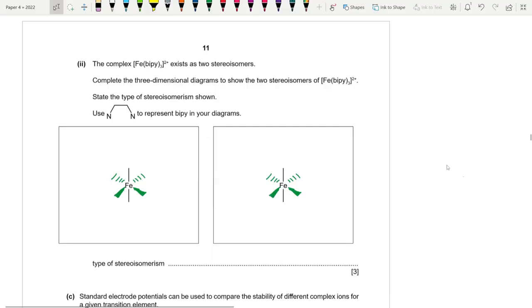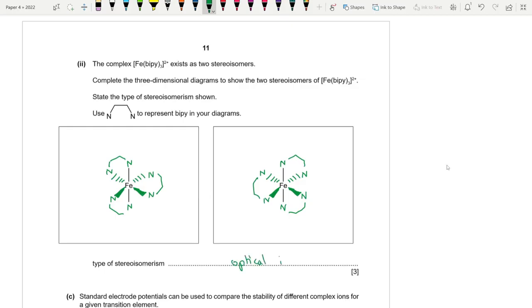So mirror images, okay? So we're gonna use this to represent bi-P. So mirror images, right? So this is one way to do it. Okay, they're mirror images of each other. This looks good. Here you go, optic isomers.